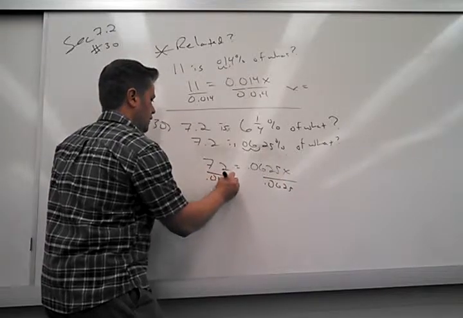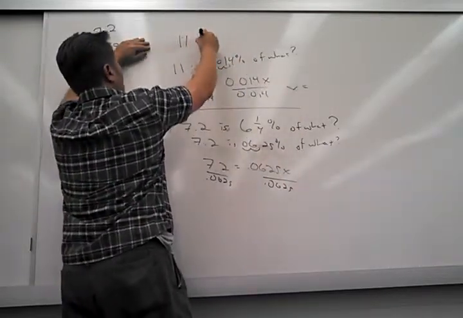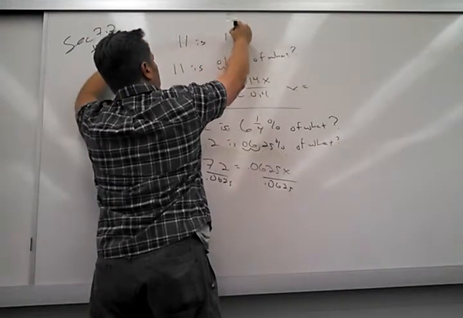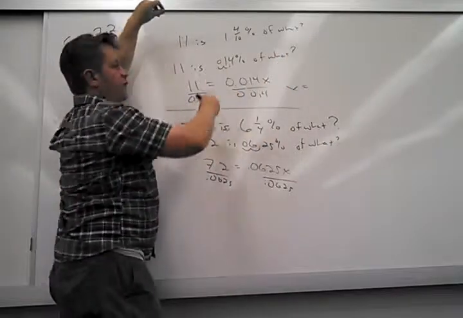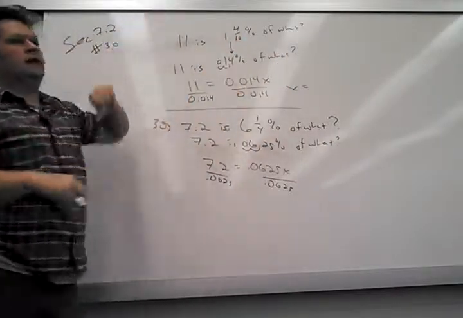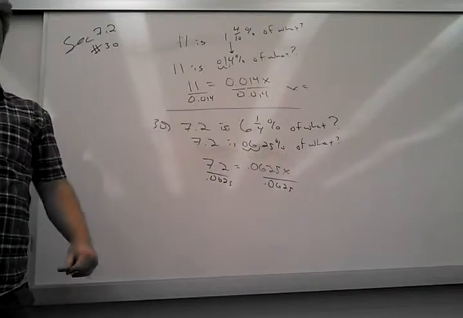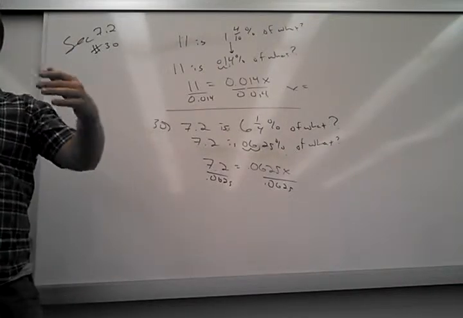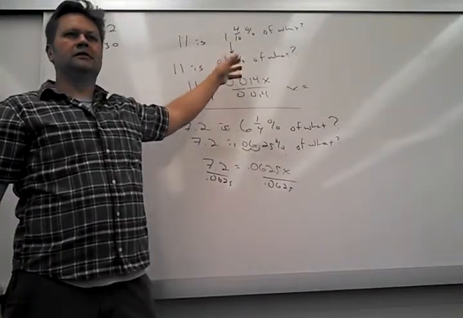So like I said, if this problem would have said 11 is 1 4/10% of what, my first problem is really to translate that into a decimal percentage form, because then I can move the decimal around. I haven't made it a true decimal yet. It's just a percentage with a decimal in it.